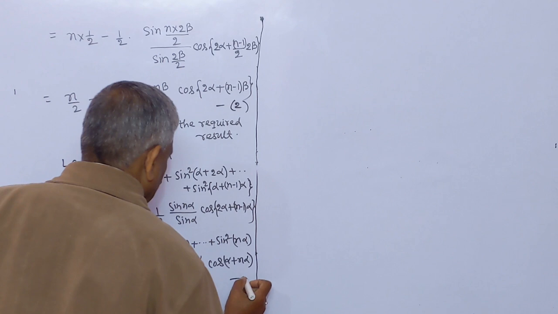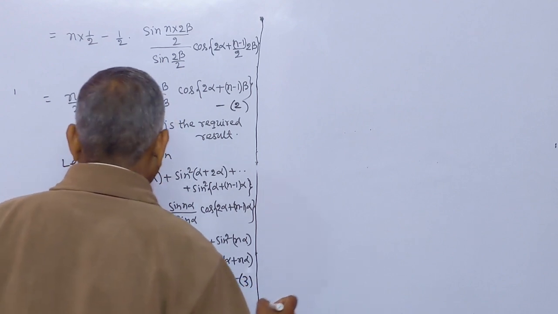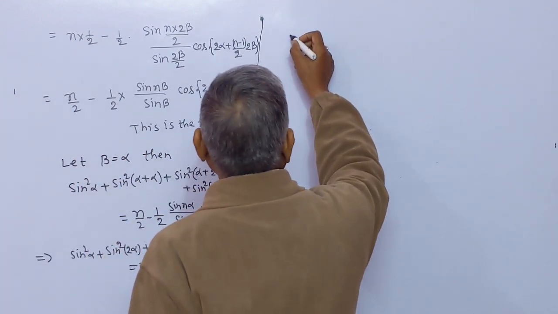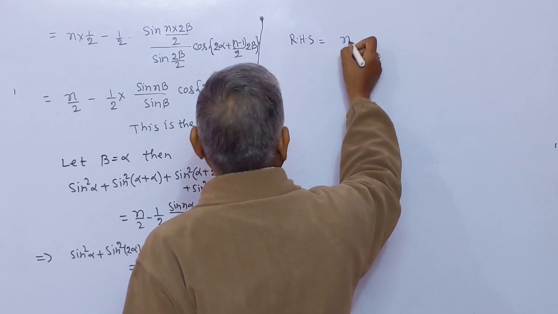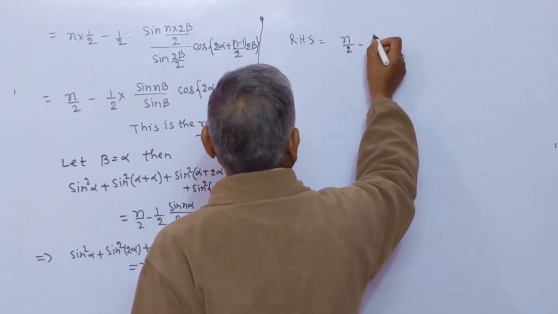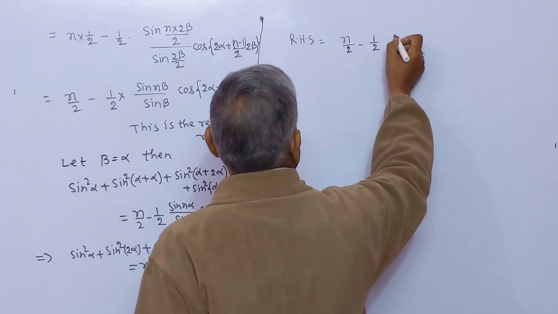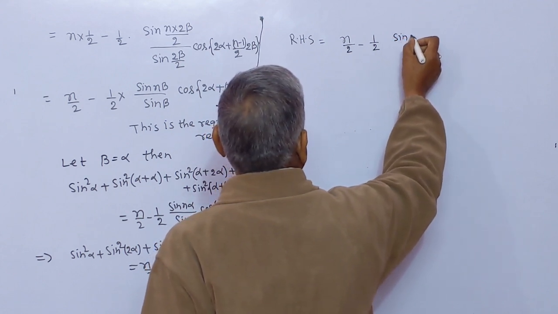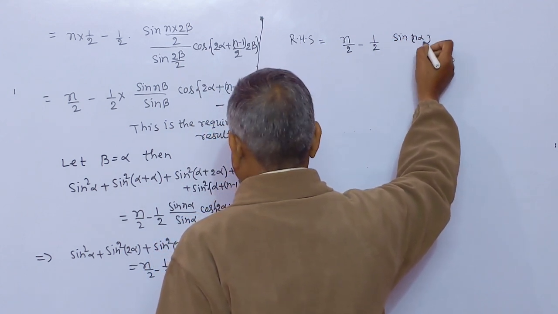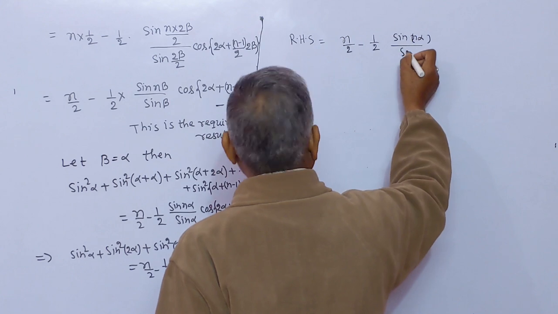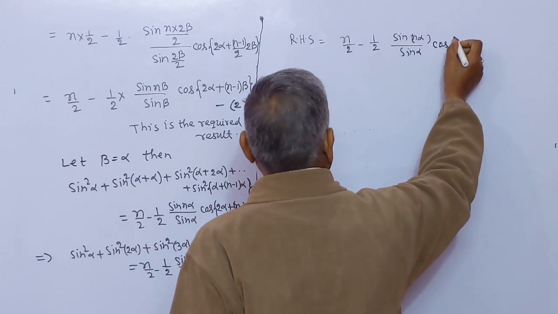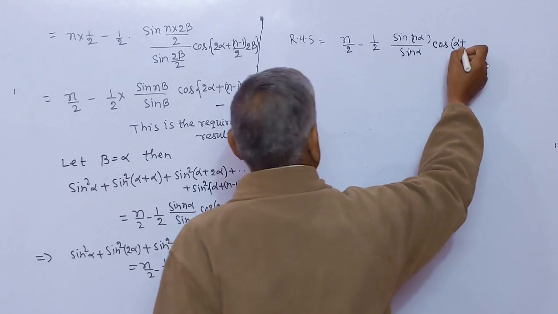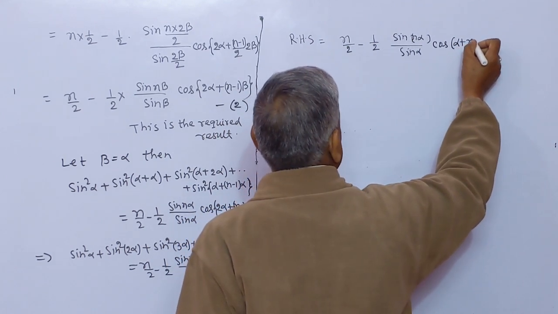Let this be number 3. Right hand side equal to n by 2 minus half, sine n alpha by sine alpha, cos (n plus 1) alpha.